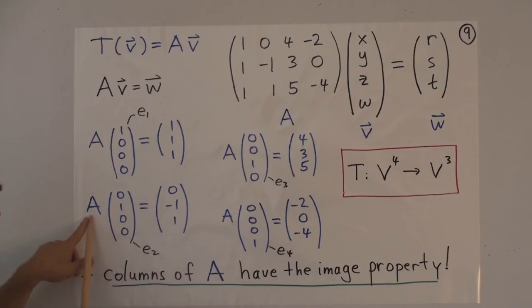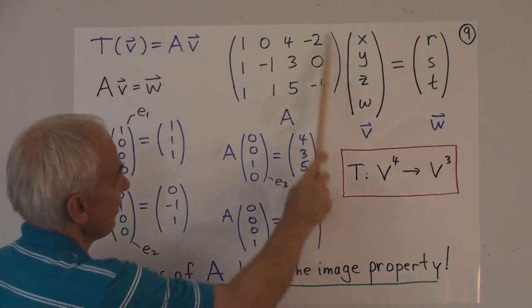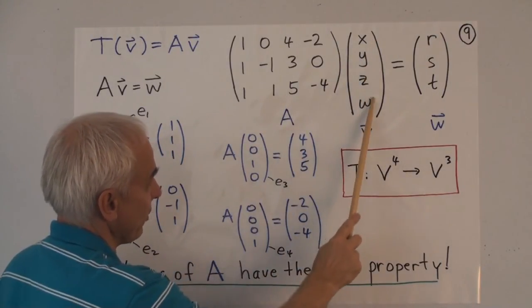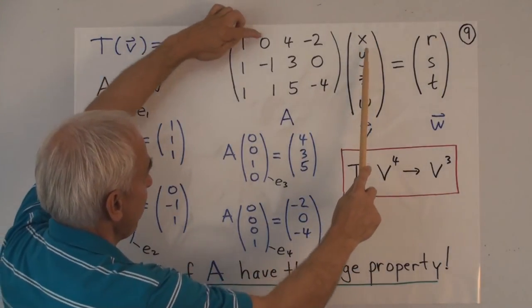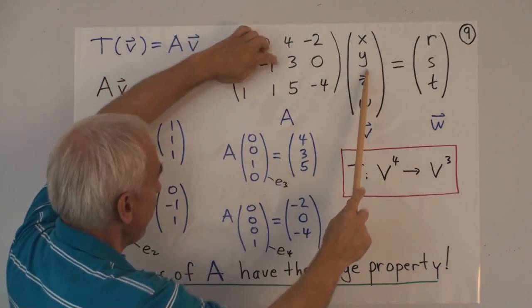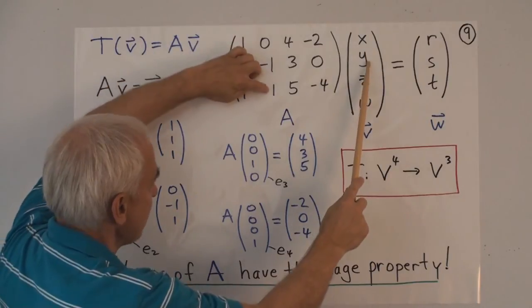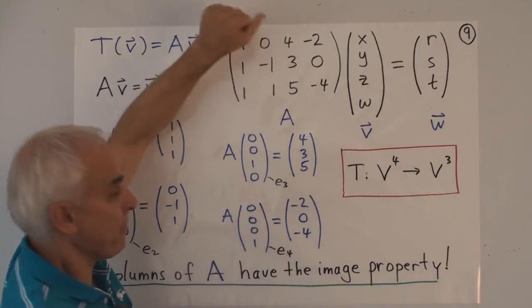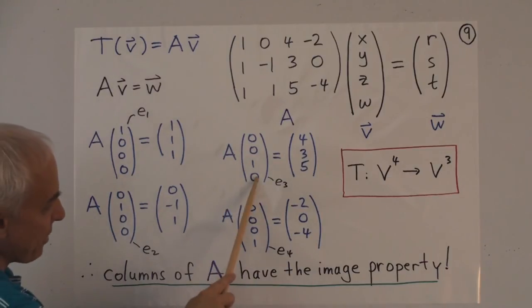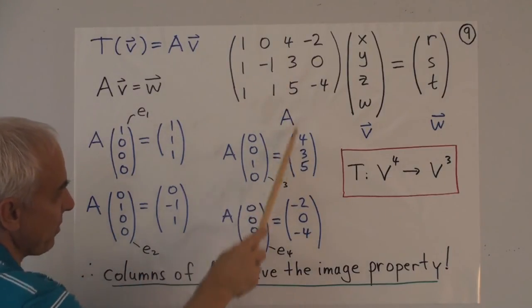And what happens if we take the matrix A and multiply by the basis vector 0, 1, 0, 0, sometimes called E2? Then you're getting 0 plus 1 times this, plus zeros, in each row. So you're just picking up the second column. Similarly, if we multiply by the third basis vector, then we pick up the third column.